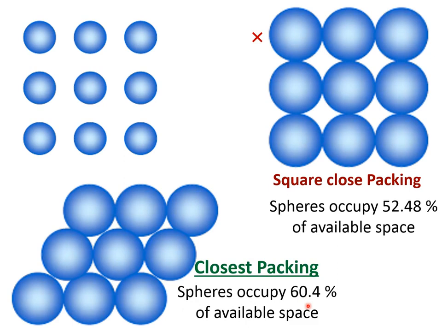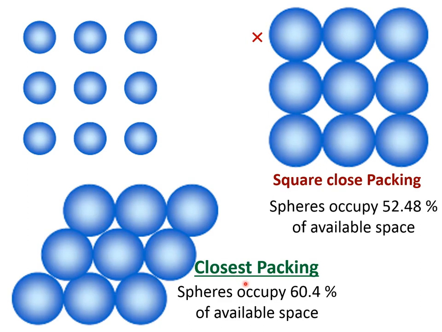Very small voids exist in this packing, okay? So when we talk about closest packing, we will consider packing in the first layer like this. The second row is a bit shifted from the first row, and the third row as well the same, okay? And you go in this way, okay? So this is called the closest packing, okay?